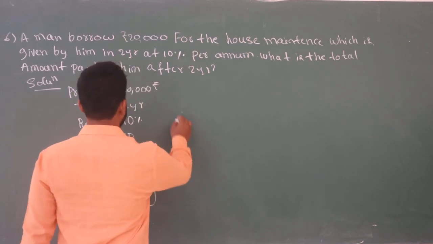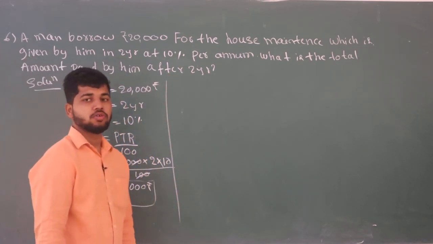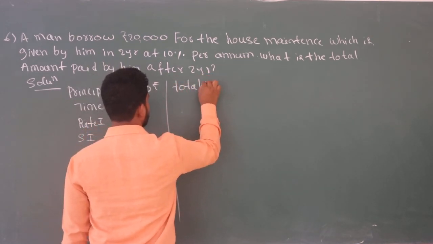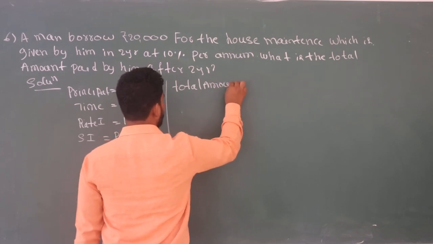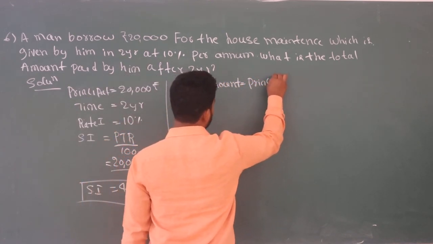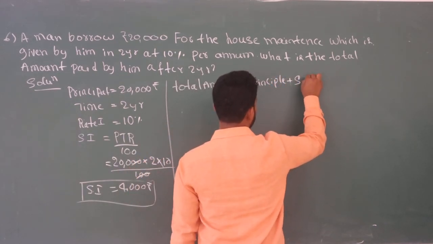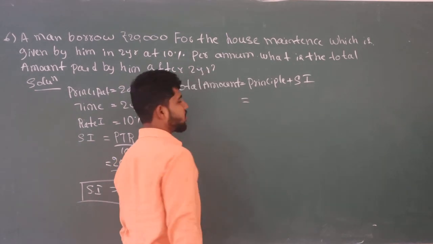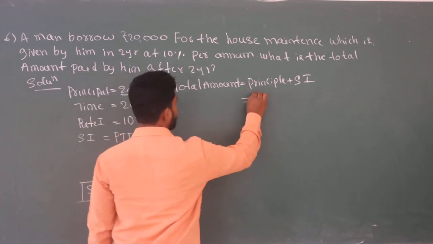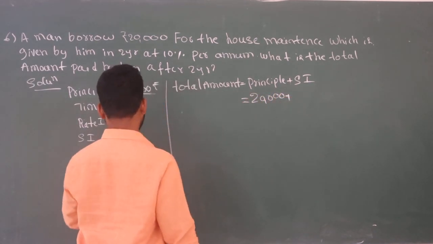Now they ask us to find the total amount paid by him after 2 years. Total amount is equal to, you have to find the amount. What is the formula? Principal plus simple interest. What is the principal they have given here? 20,000. 20,000 plus what is the simple interest we got?